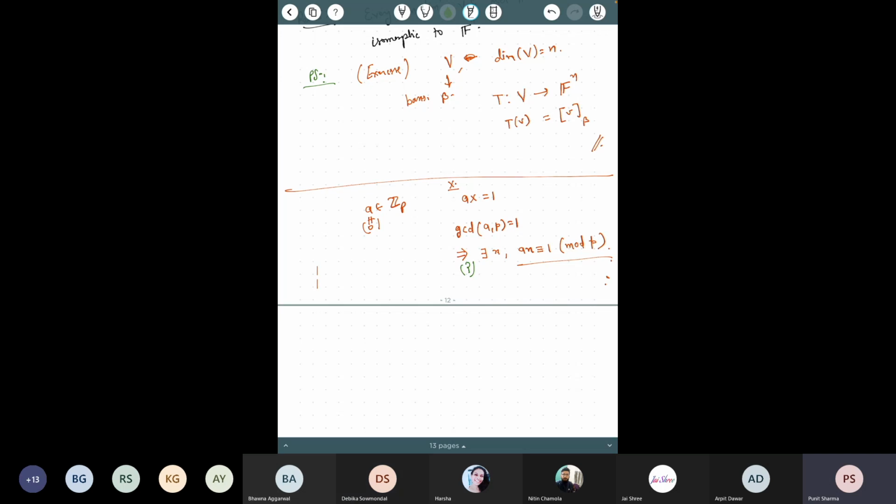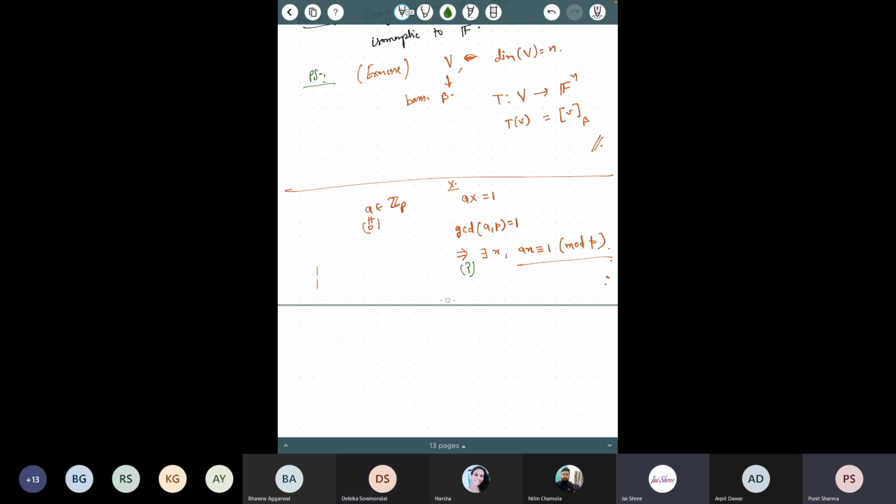Okay, let me think about it. But this way is fine. You can find this X and then you can proceed. So this x will be equal to A inverse, but we are not sure that x belongs to ZP. X may not belong to ZP.